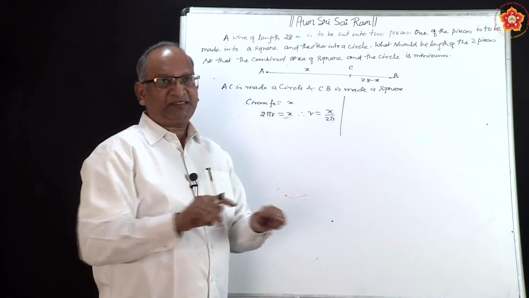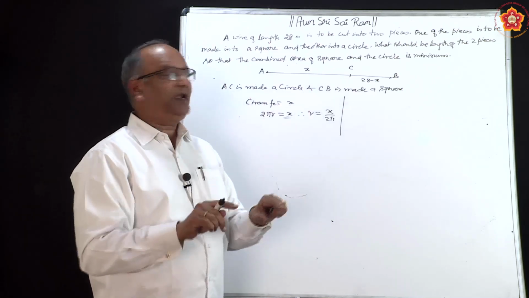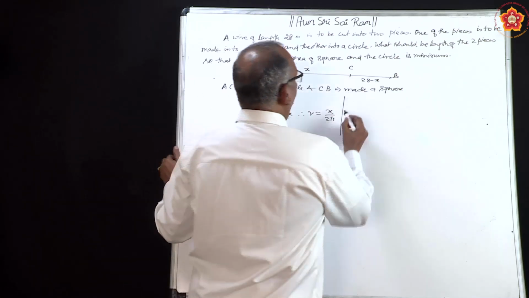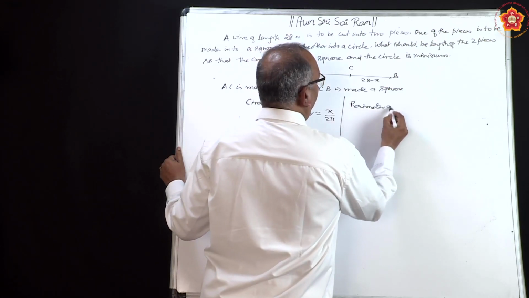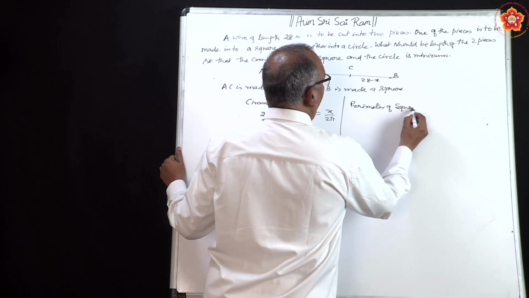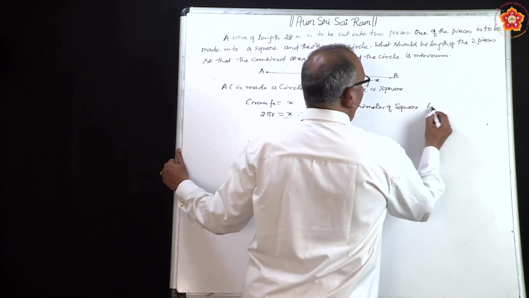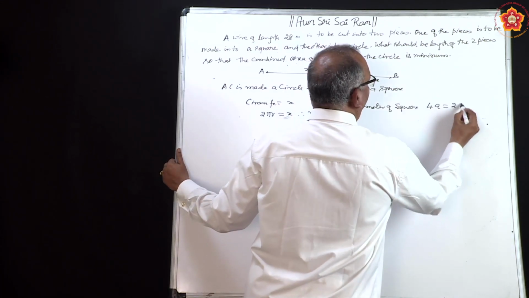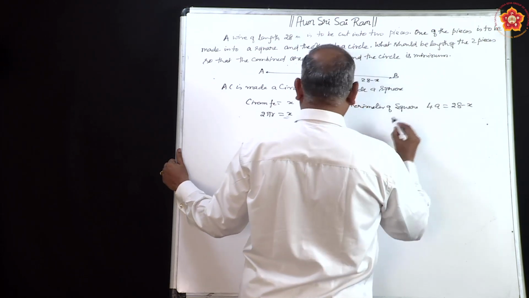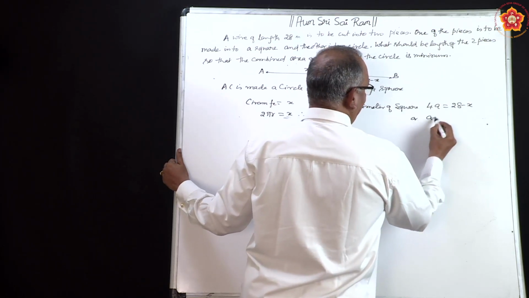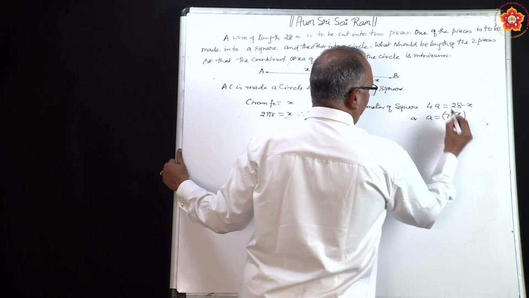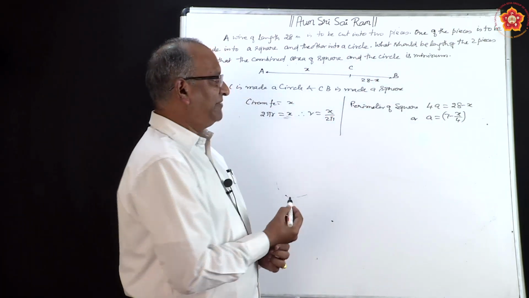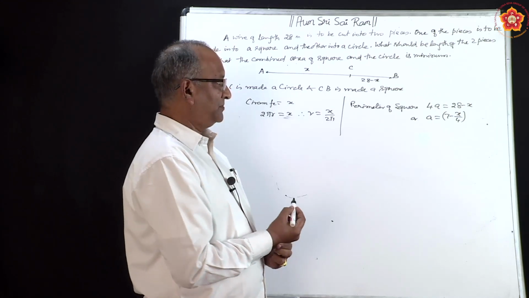If you make it into a square, the perimeter of the square is equal to 4a, which is equal to 28 minus x, or a is equal to 7 minus x by 4. Each side is 7 minus x by 4.